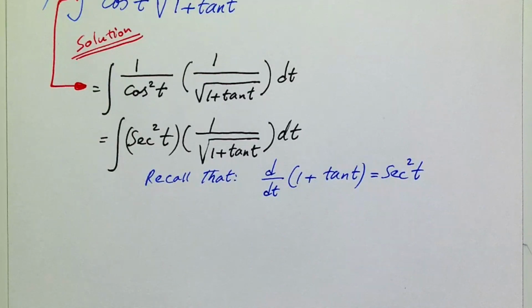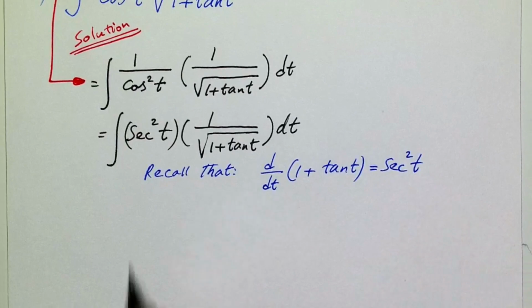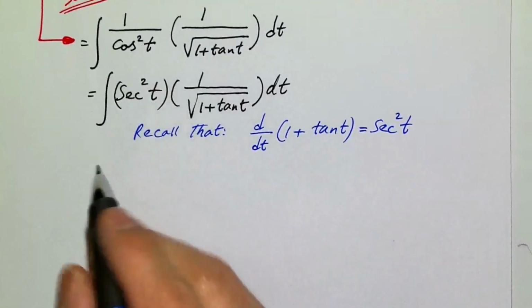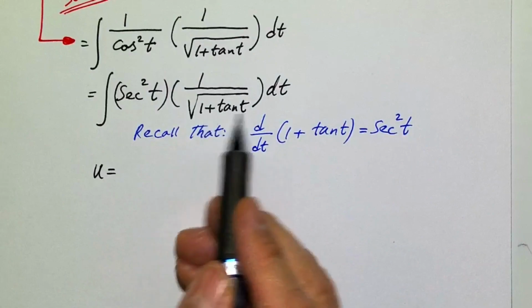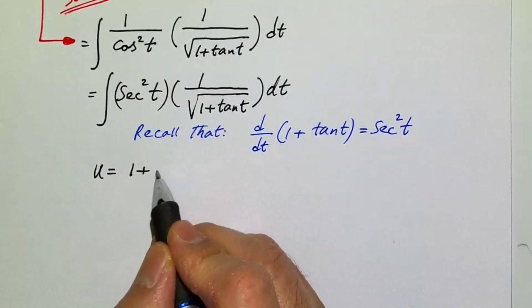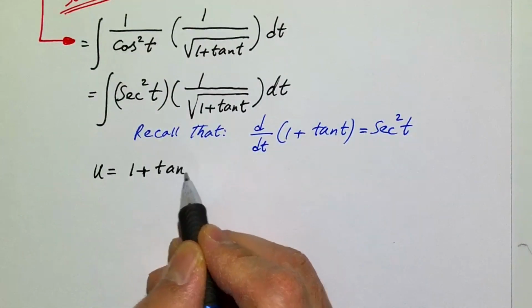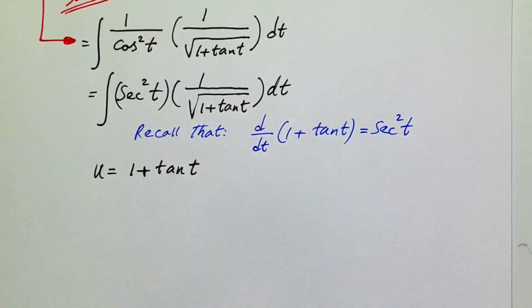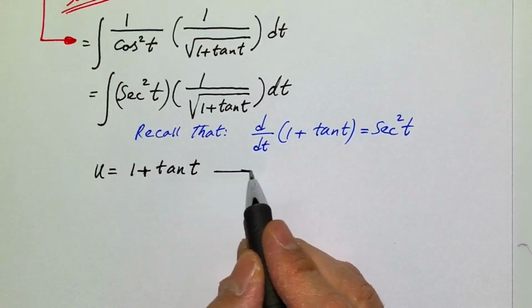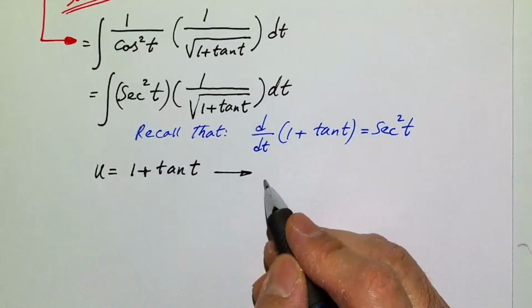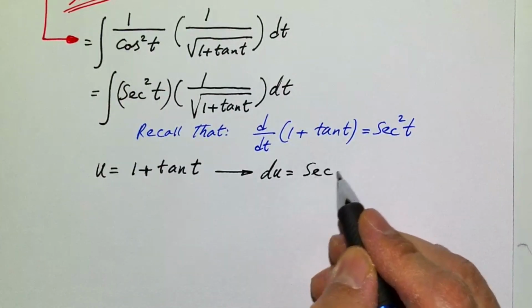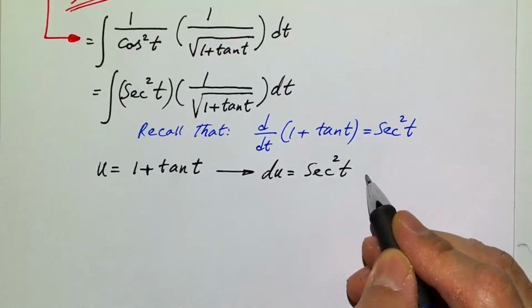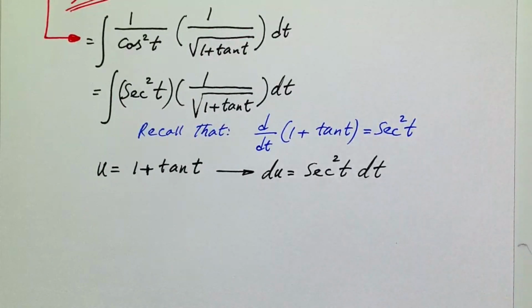Okay, so let's take u. Because of this understanding, we set u to be 1 plus tangent t. If that's the case, then we have du equal to secant squared t dt.